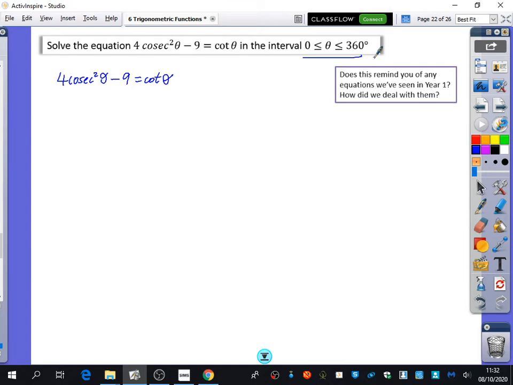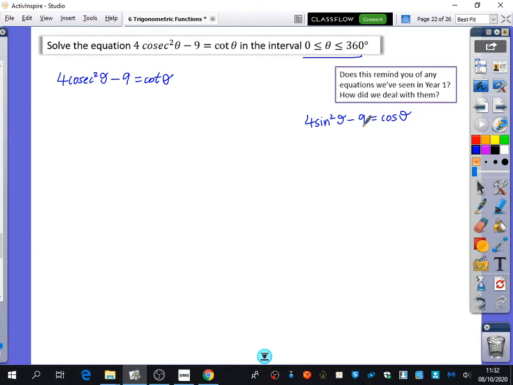So I've written in that purple box, does this remind you of any equations that we've seen in year 1? I'll write an equation that's similar to it and see if we can remember how we dealt with it. So I might have had an equation like 4 sine squared theta minus 9 equals cos theta. Do you remember equations that we would have done like that? What was the problem with this and how did we deal with it?